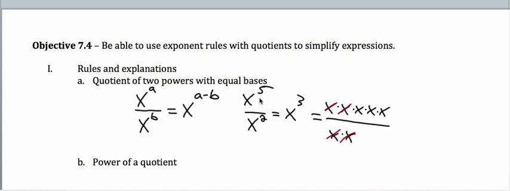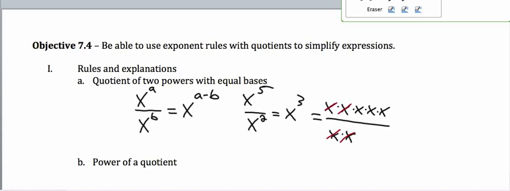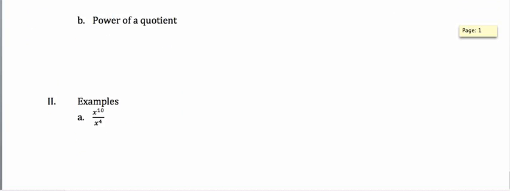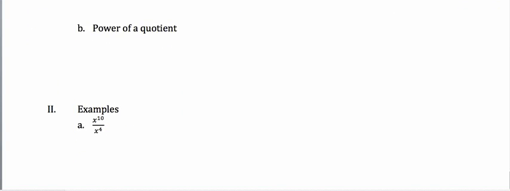That's pretty simple. Okay. The next rule, a power of a quotient rule, is pretty much exactly the same as the power of a product rule. And this rule just says that if we have x over y to the a, we can distribute that exponent to our numerator and denominator.